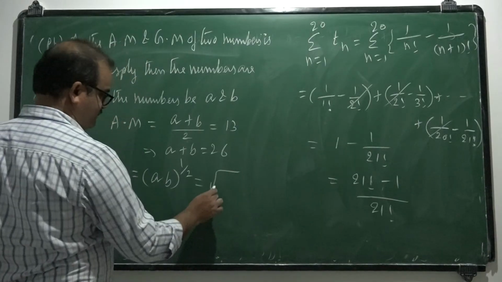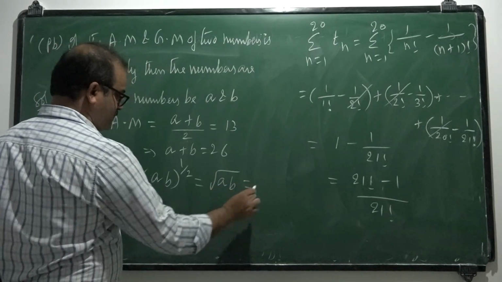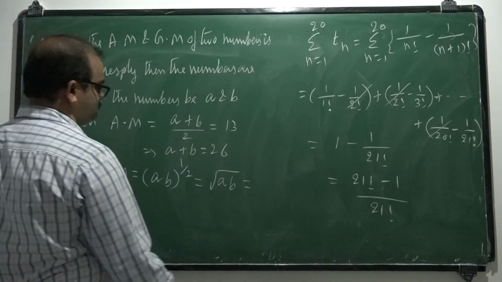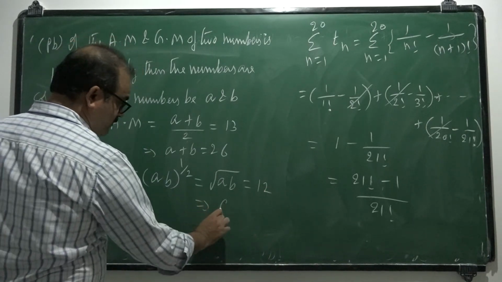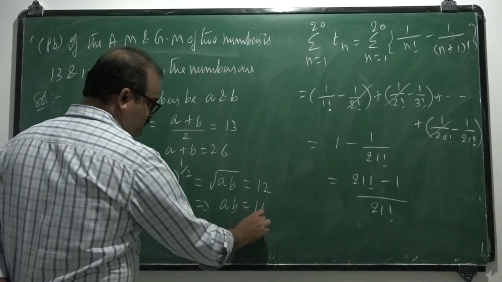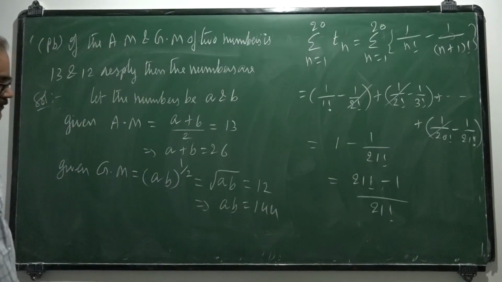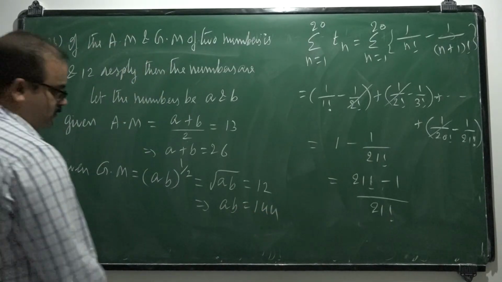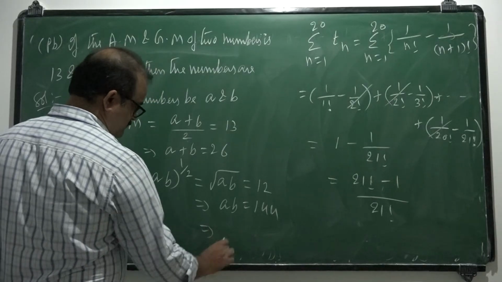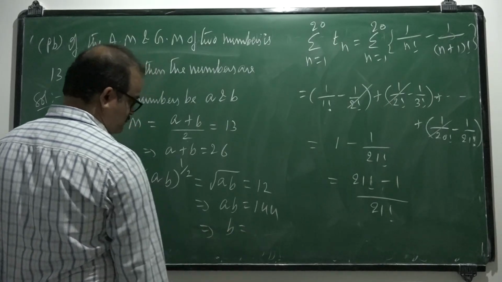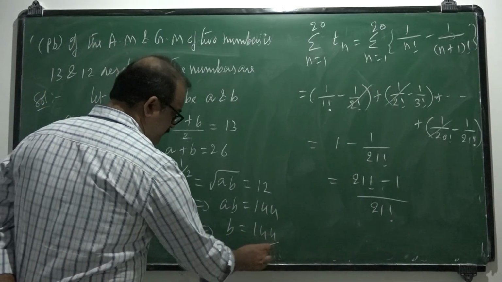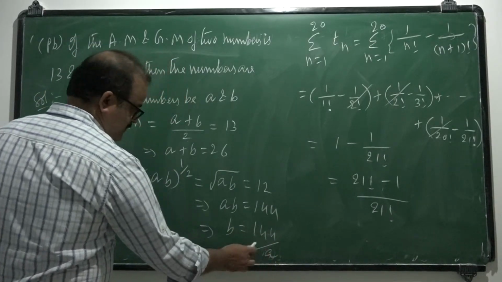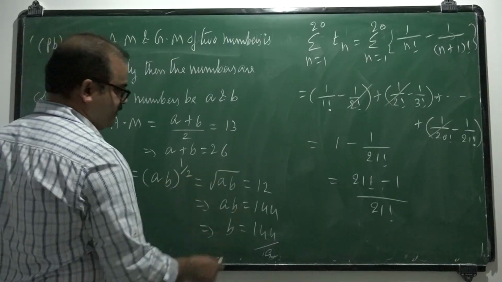Square root of AB, that is equal to 12. Squaring on both sides, AB is equal to 144. From this B is equal to 144 by A. Substitute B value here and then find A.